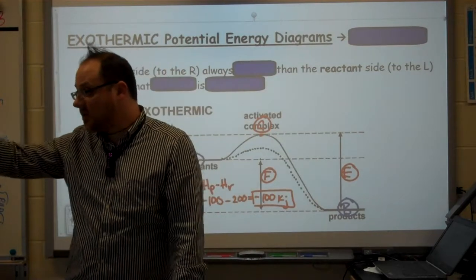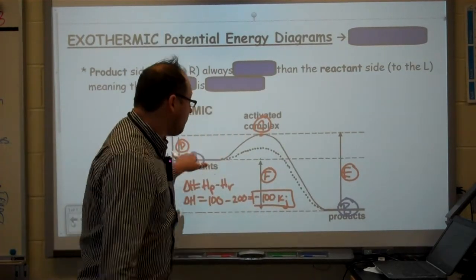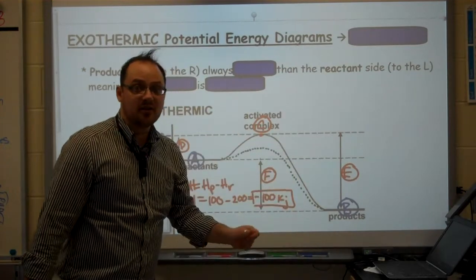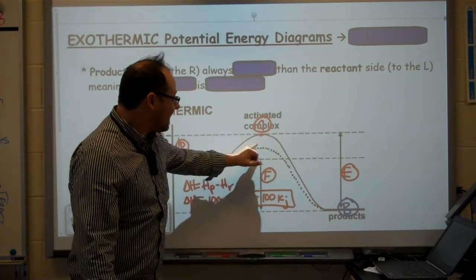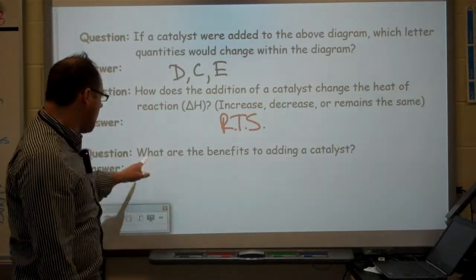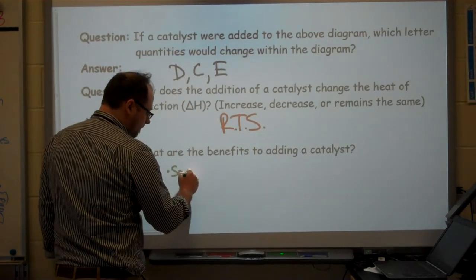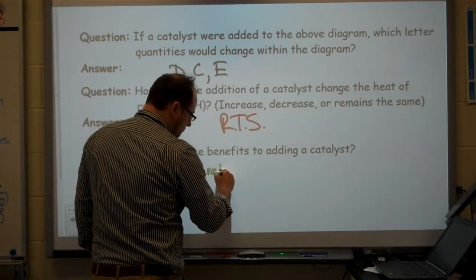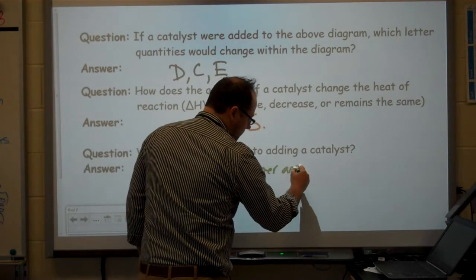And if you're in one of these industrial complexes across the street here, working in a chem lab, oftentimes you want your reaction to go fast, efficient, with the least amount of energy put in. So you add a catalyst to make it go more efficiently and quicker. What are the benefits to adding a catalyst? You speed up the rate, you lower activation energy.